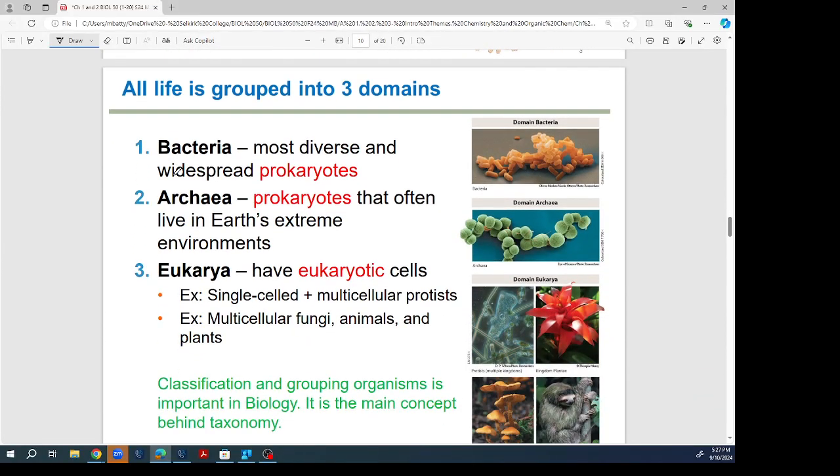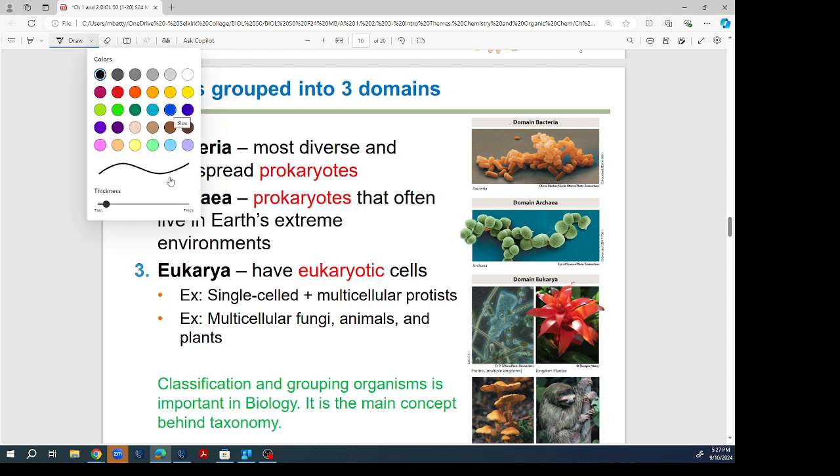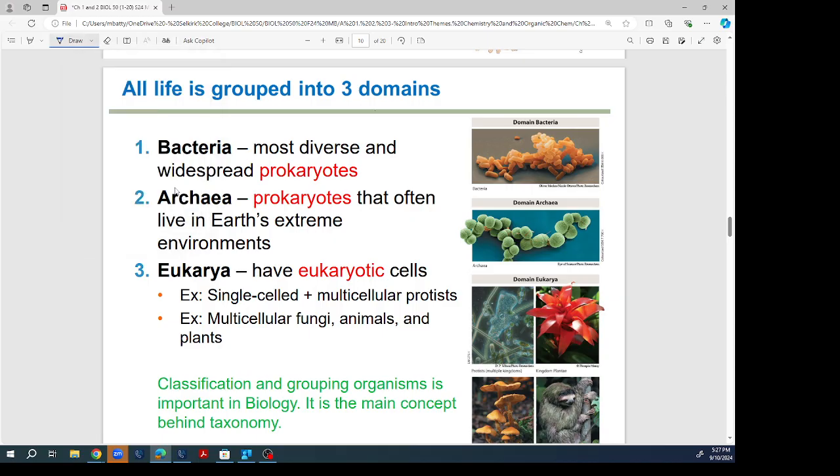If we were to talk about more groupings, so not just the kinds of cells, but beyond that, we could talk about how we have 3 domains. And so you're used to hearing about genus and species, like we are Homo sapiens. At the very top, the biggest groups that we could talk about with life are actually domains.